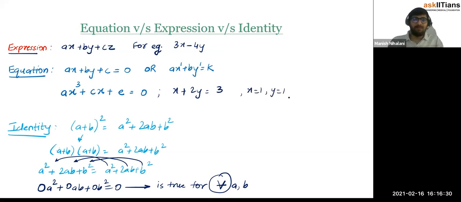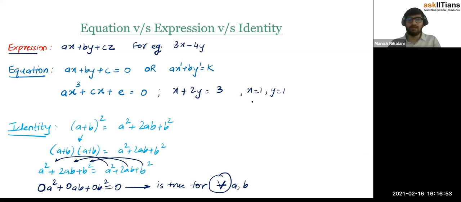It can't have any other value. Are you understanding? But these are also true for some fractional values. That is, when you take maybe x as half and y as some other value, you would get different values and you would be able to say that, okay, this is also a solution of this equation which x and y can satisfy.